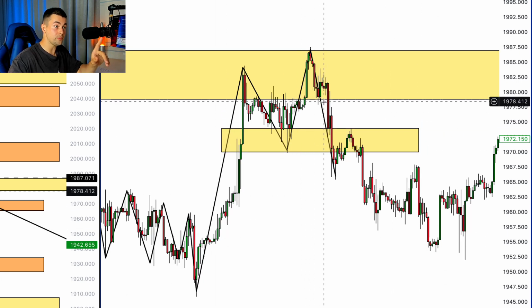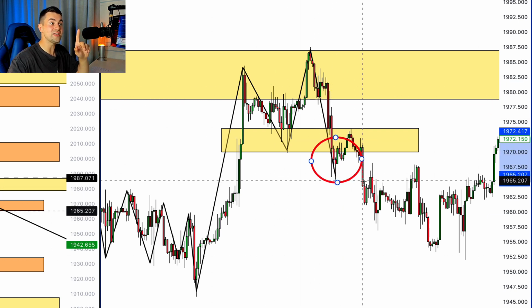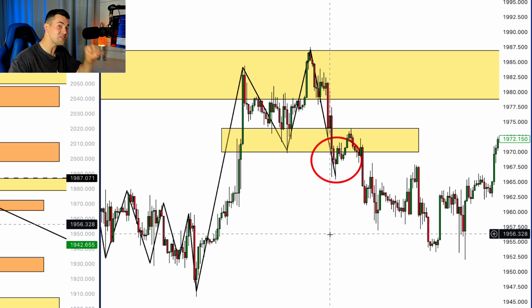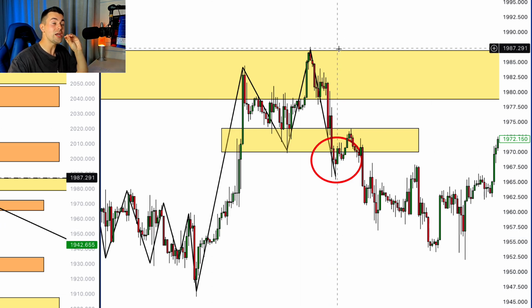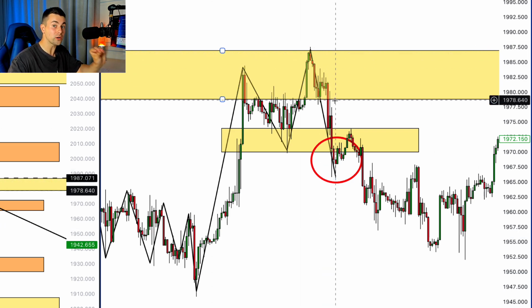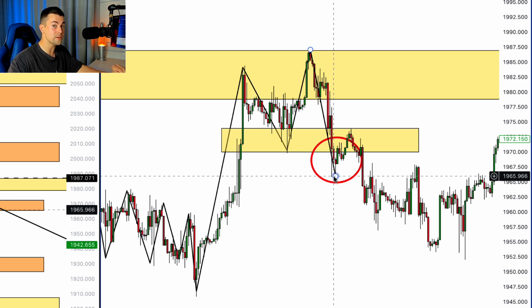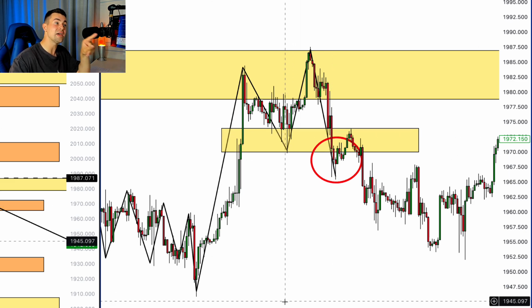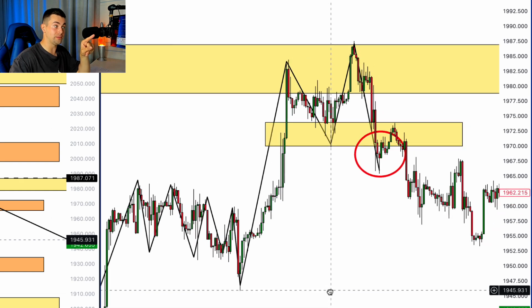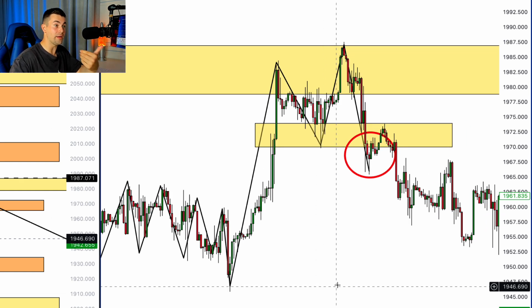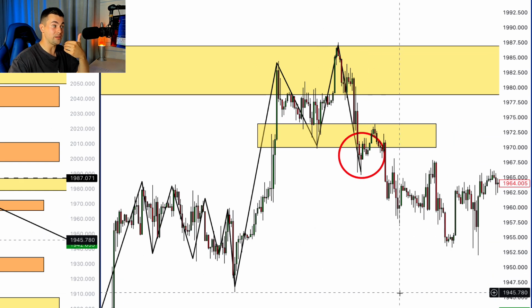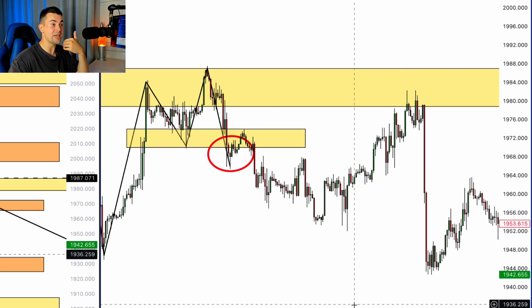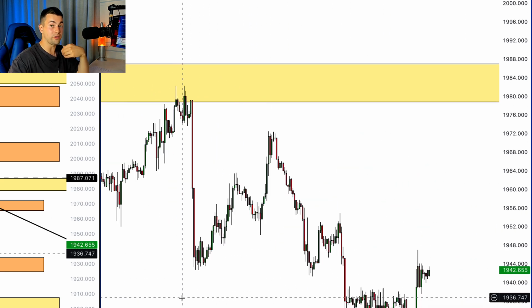So the trend right here was violated, and here we have the indication of the change of character. We see that smart money started to push the prices lower, and the minor bullish trend that we got on an hourly time frame is now violated, and you can see that then the market started to fall.